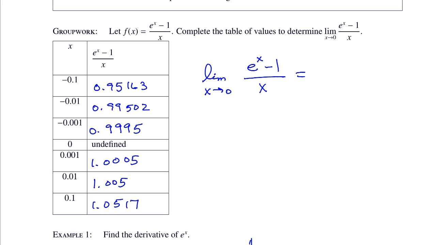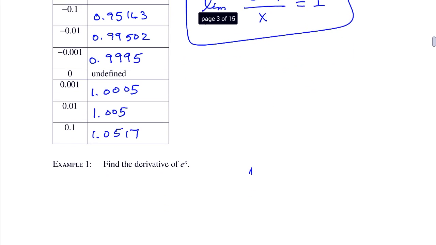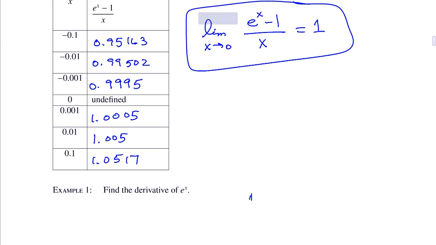What is your conclusion? What are these numbers headed toward? Headed toward 1. All right, so that limit is, in fact, 1.